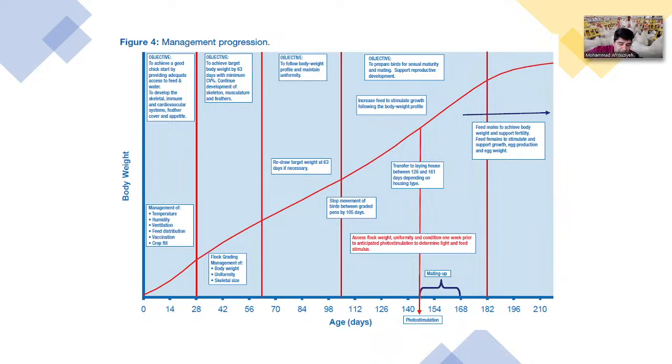For the growing layer pullets, because they are going to get ready for egg production in the future, of course you need to have good digestion and absorption of feed. One of the feed additives that I would highly recommend is using a multi-enzyme in your diet to boost digestion and absorption.